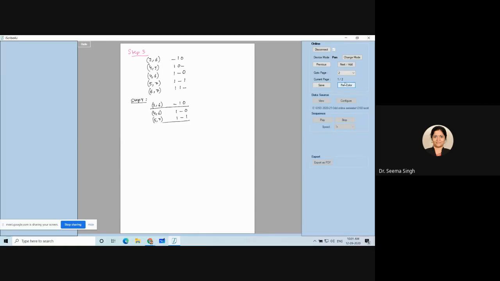Grouping based upon the place of dash, right? Now last place, which numbers have it? Last place is 4 and 5, which is 1 0 dash, and then you have 6 and 7, which is 1 1 dash.